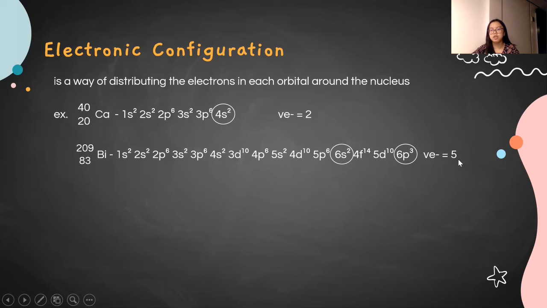So the valence electron is 5. From here, 2 plus 3, so 5.